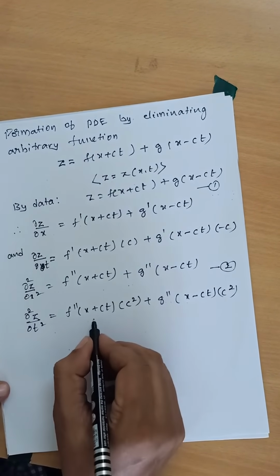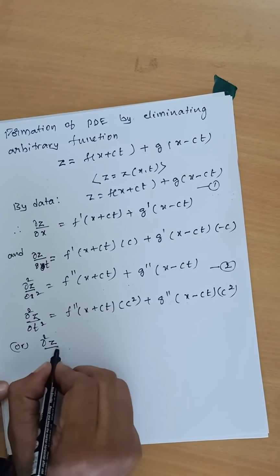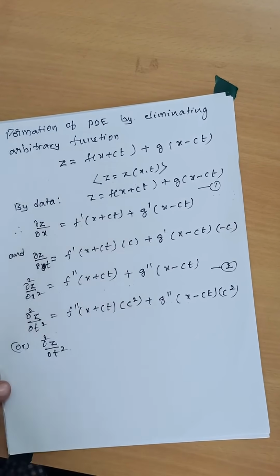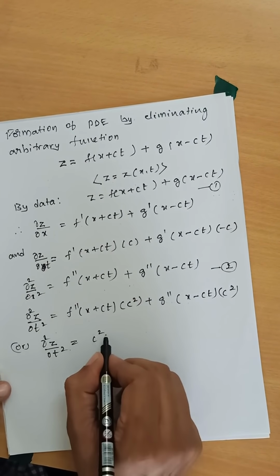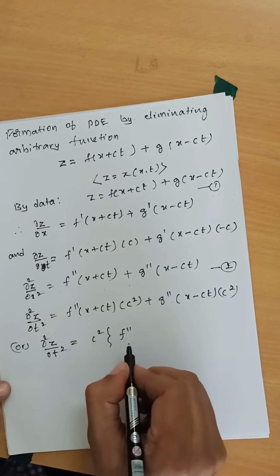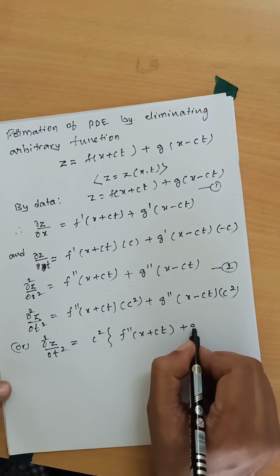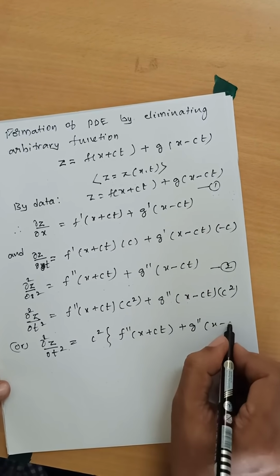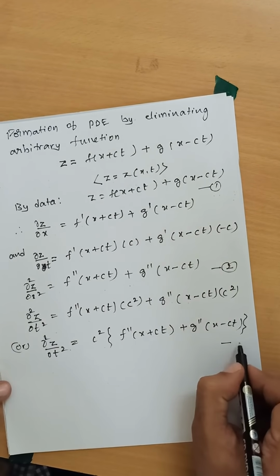You write one more step: dou square z by dou t square. Here you can take c square common: f double dash of x plus ct plus g double dash of x minus ct. You call this equation number 3.